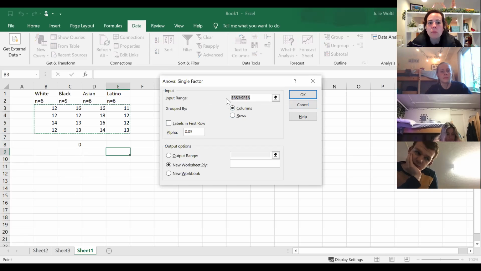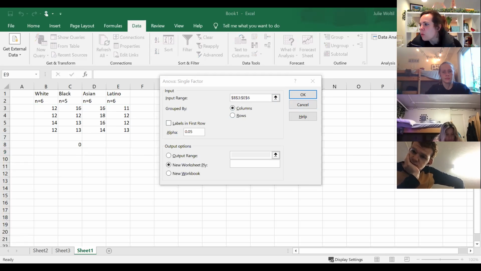I'm sorting this by column, so I've got these numbers over here. The only thing that ends up being kind of wonky about this example is that this is an N of 6, but obviously we don't have 6 results, we just have 4.